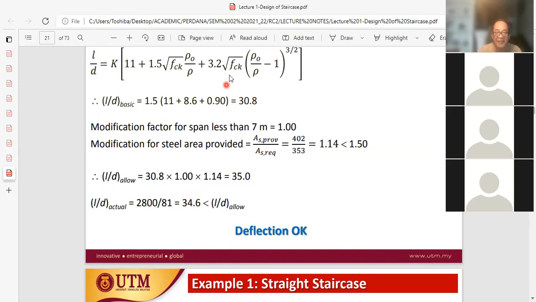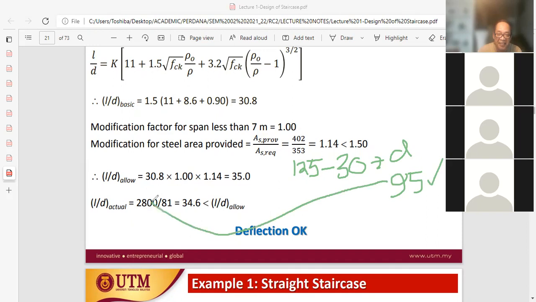Okay. Kalau if I'm using H125, minus 30, my value of D would be around 95 mm. Betul? Now if I put 95 di sini, Azmita, berapa dapat? 2800 bahagi 95.